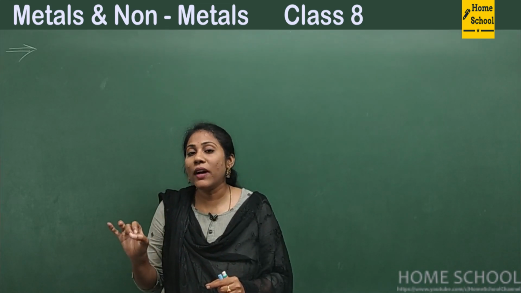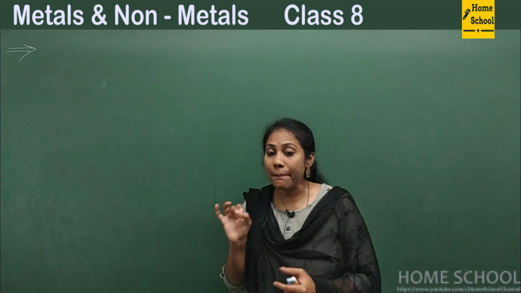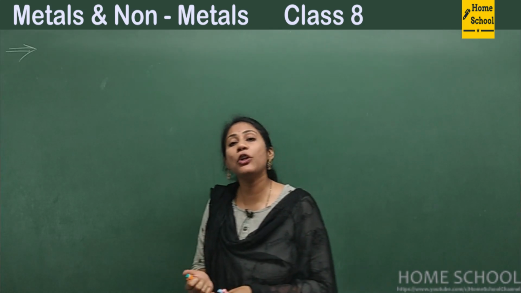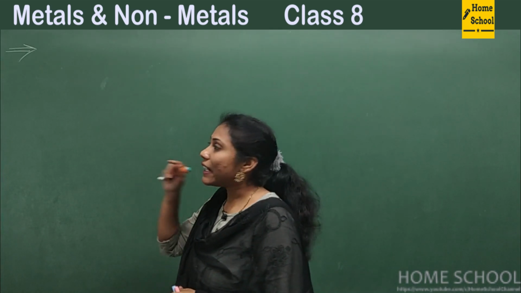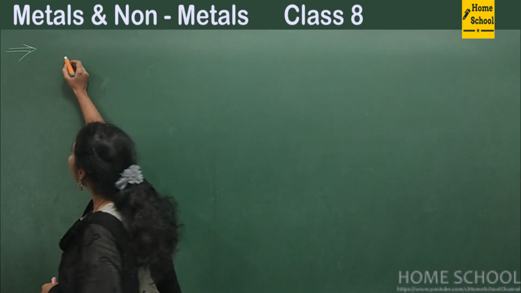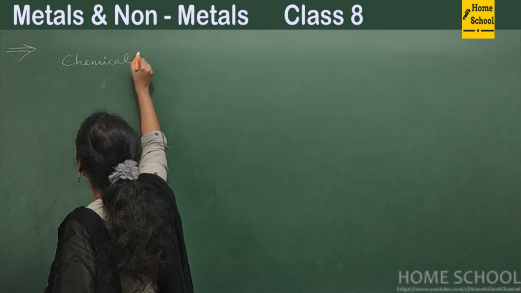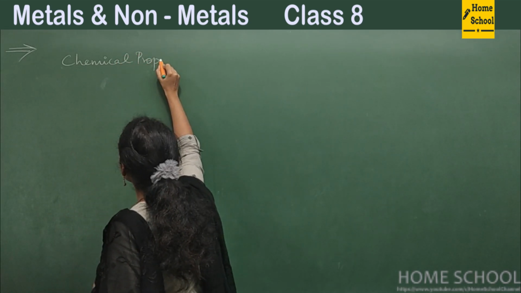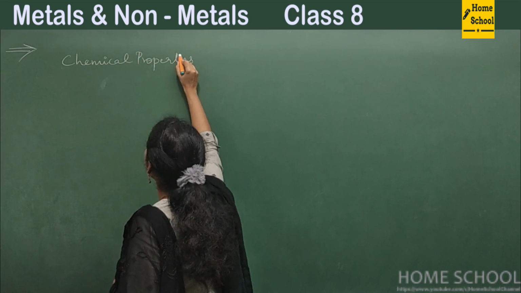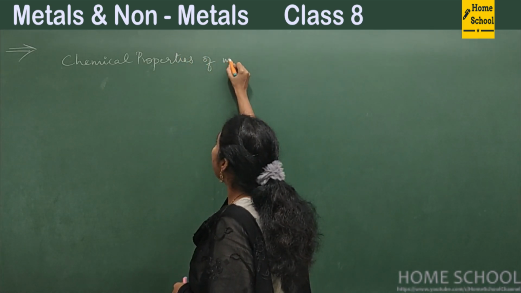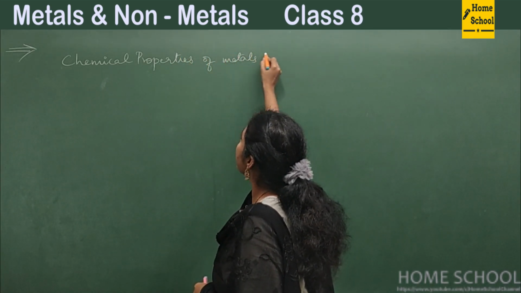So to identify whether something is a metal or non-metal, we will go for learning their chemical properties. Today's class is all about chemical properties. I am starting with chemical properties of metals and non-metals.